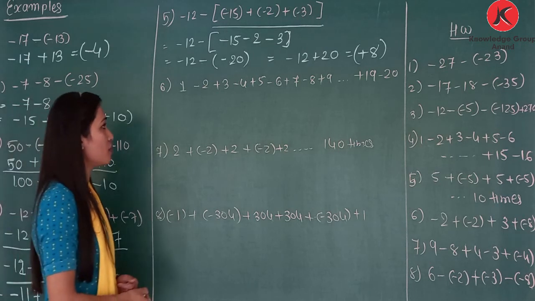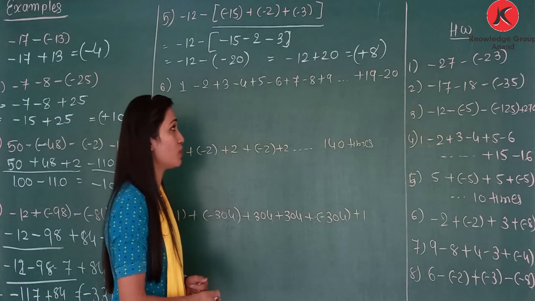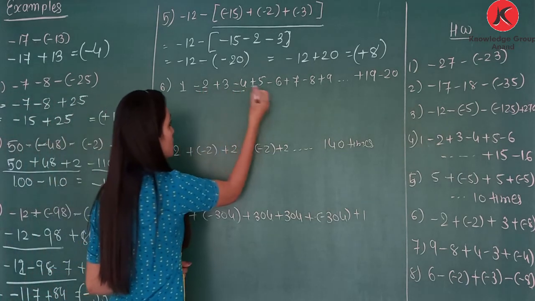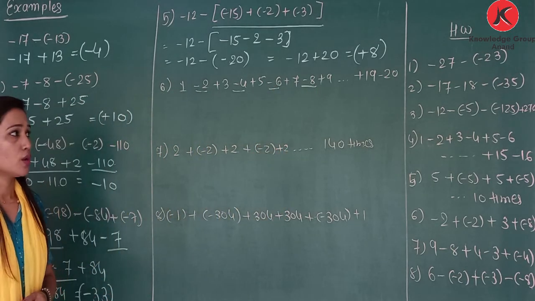Next one is 1 minus 2 plus 3 minus 4 plus 5 minus 6 plus 7 minus 8 plus 9, and so on. Now here you can see the numbers at the even place are negative and numbers at the odd place are positive.